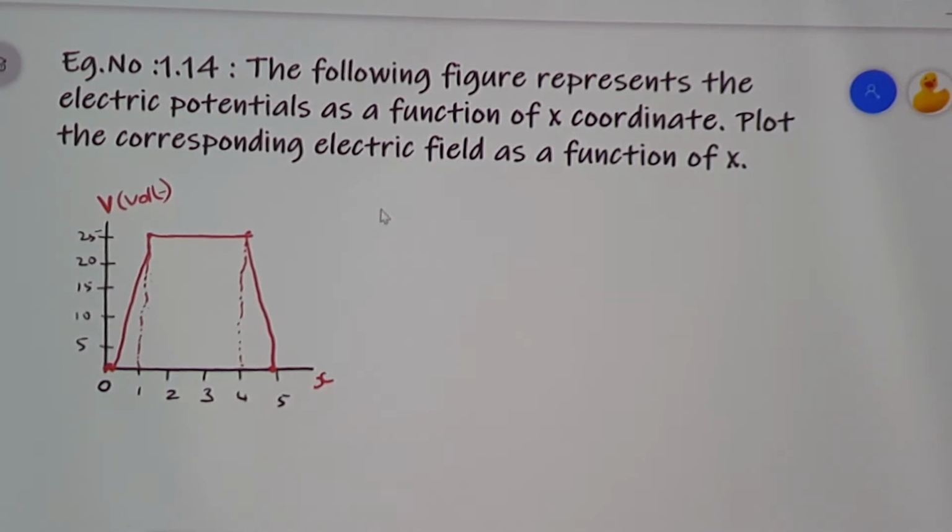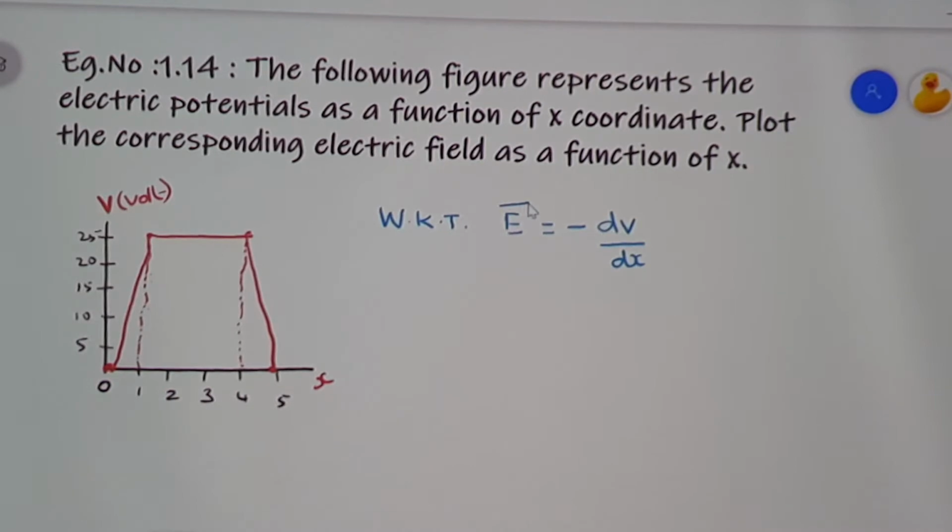We can write like this. We know that the electrical field E is equal to the negative potential gradient, that is minus dV divided by generally dr. Here it is considered along the x-axis, so I am writing it as dx.